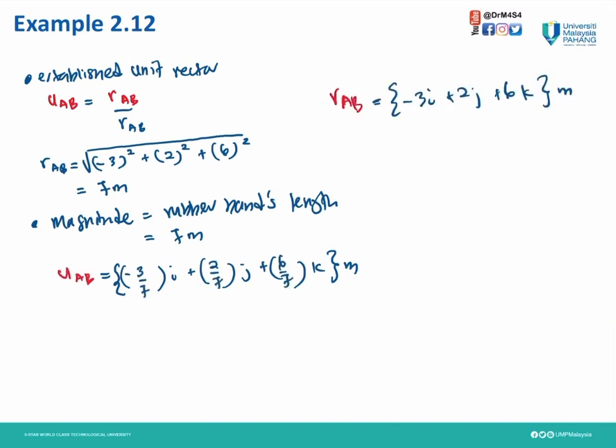We know our RAB from earlier, then we can calculate our unit vector. On i, negative 3 divided by 7, the magnitude. Do the same thing for j and k. Then we get our answer for unit vector UAB in meter.